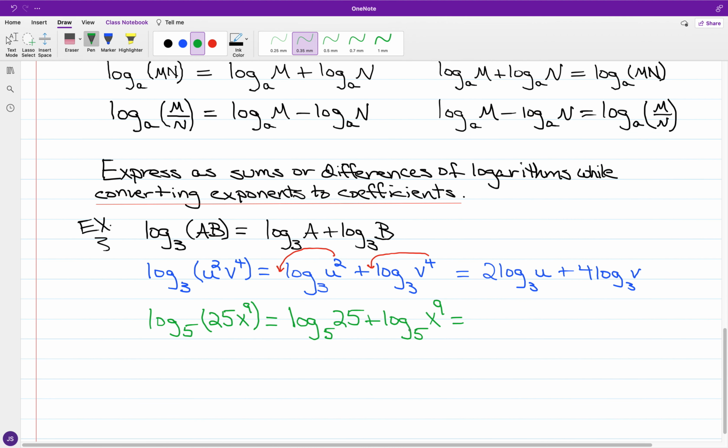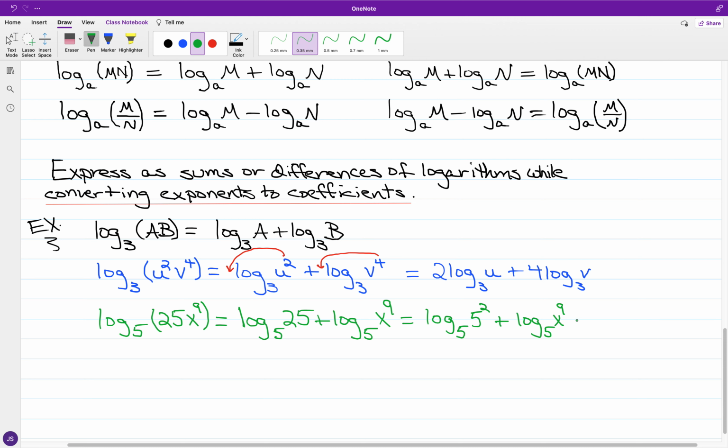Okay, so I can write the first term. So we have the base 5 logarithm, and 25 is going to be 5 to the second, plus the base 5 logarithm of x to the 9th.